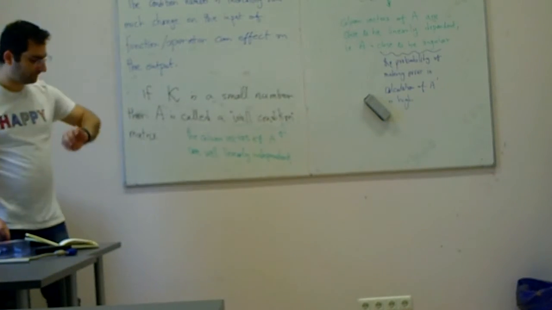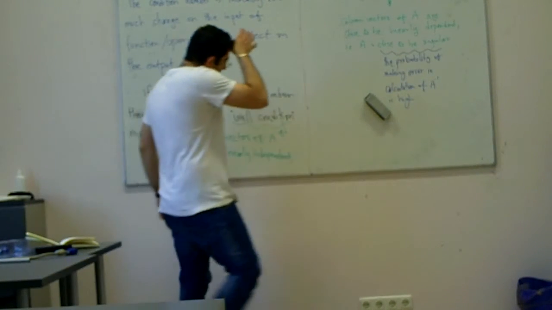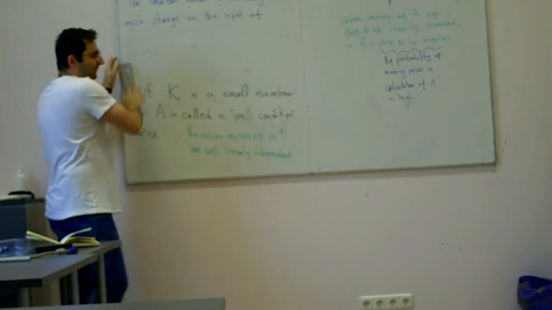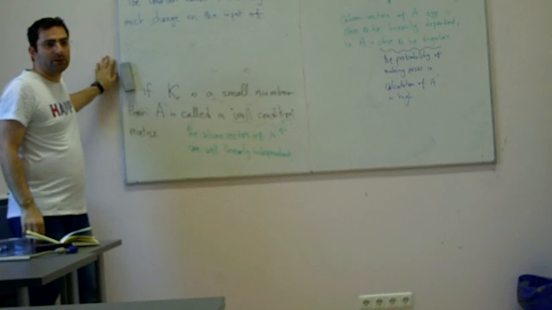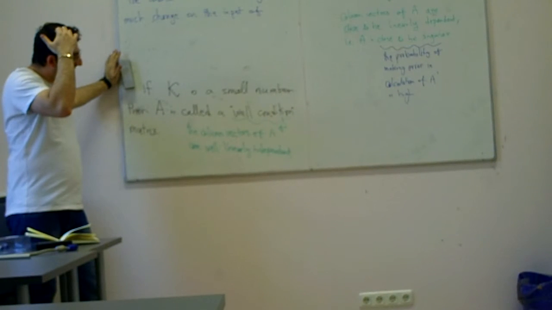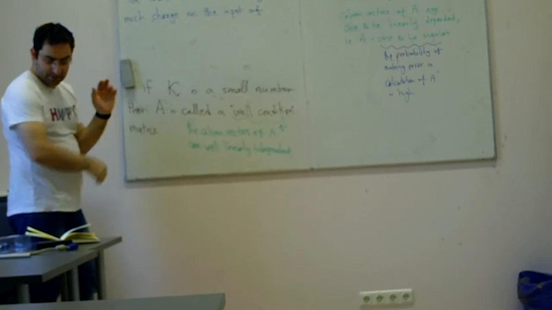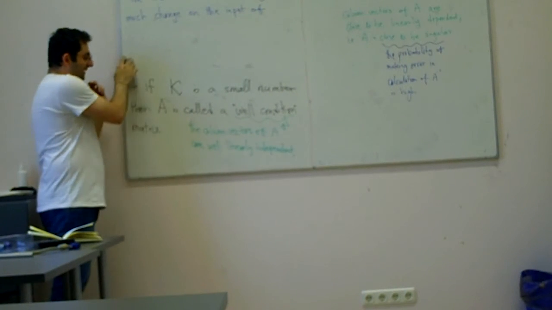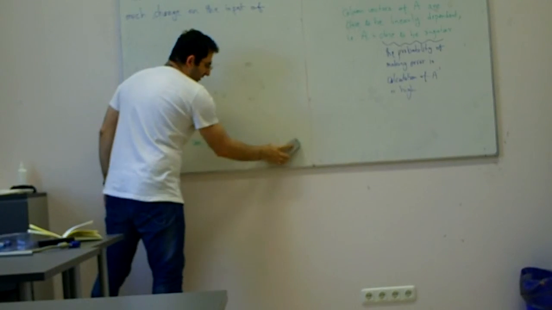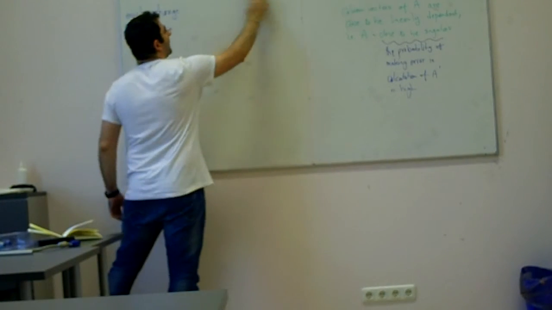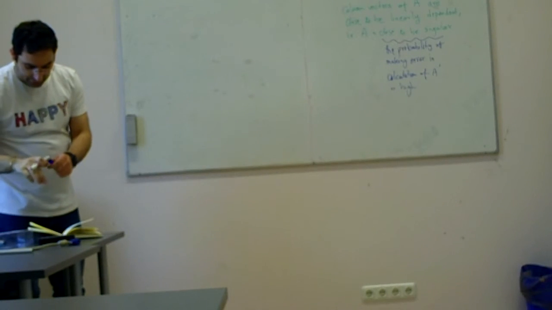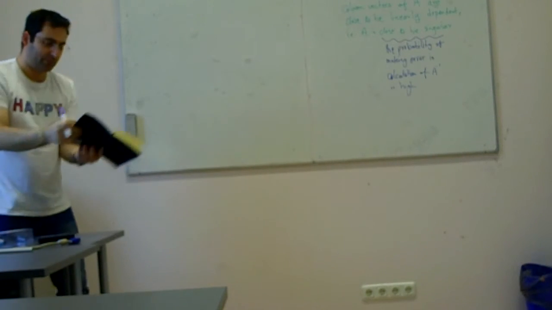Now, I have a numerical example in which we will calculate kappa and see what we mean by well-conditioned and what we mean by ill-conditioned. The numerical example is this.